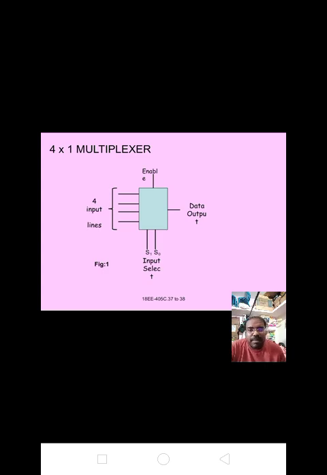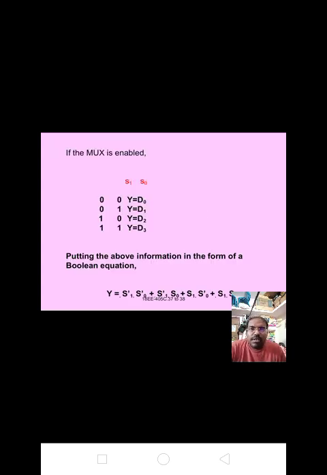Okay, completed. Next one. Here, if the mux is enabled, we take 2 inputs as input select lines, S1, S0: 00, 01, 10 and 11. The 4 inputs are D0, D1, D2, D3.